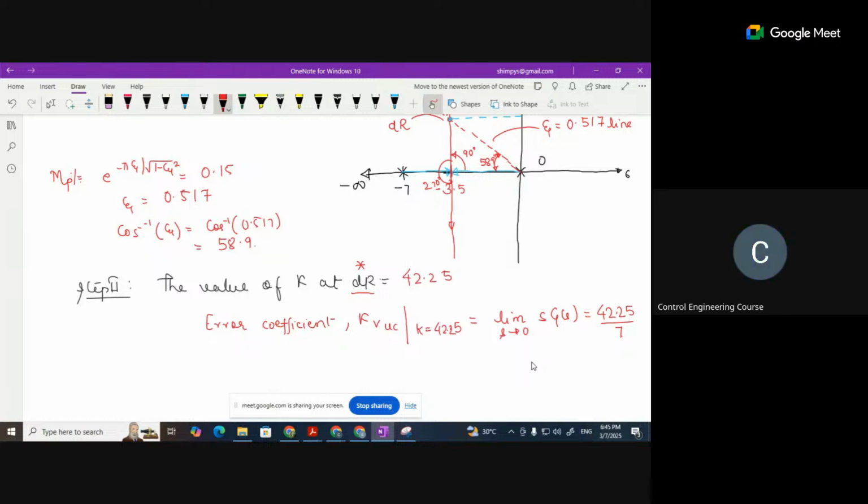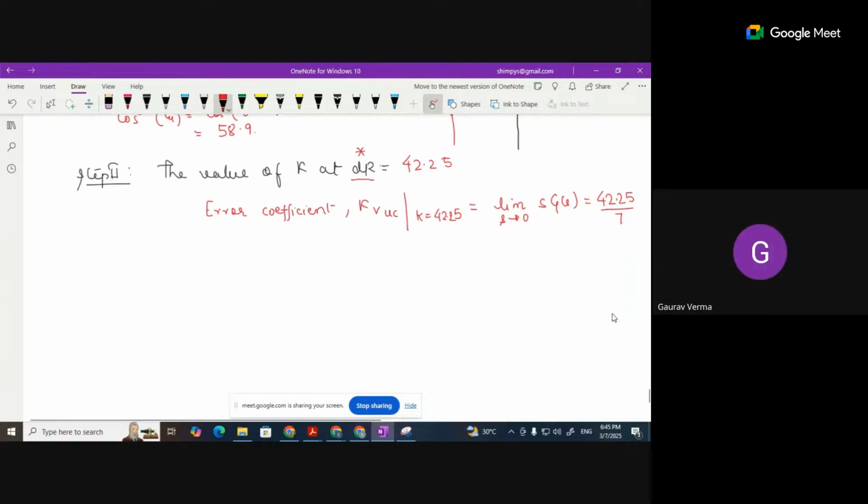Or shall I tell you how we reach this? Please, ma'am. Okay, now see, if I take a simple system, an uncompensated one, let me explain it here quickly.